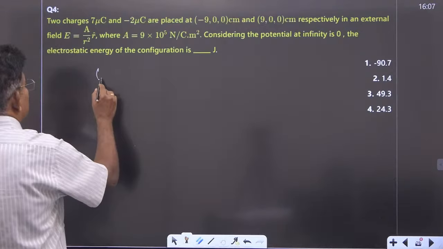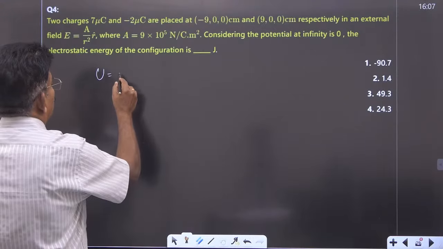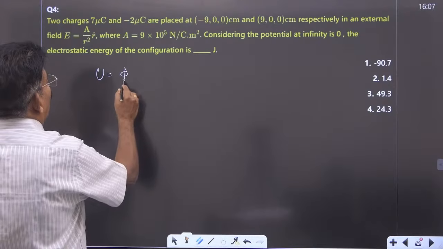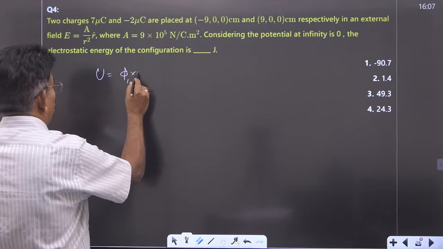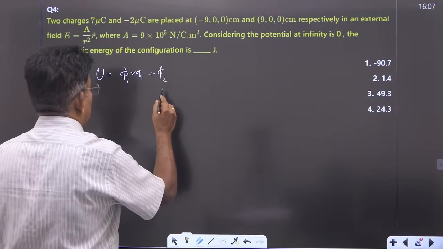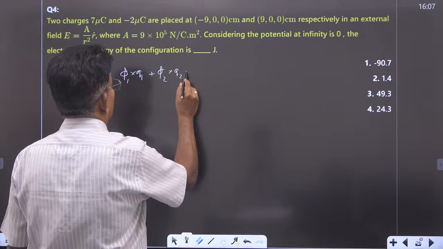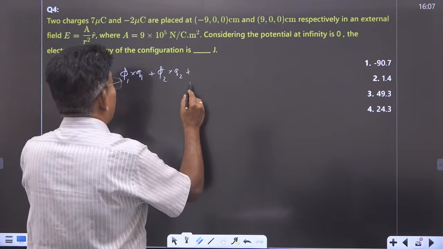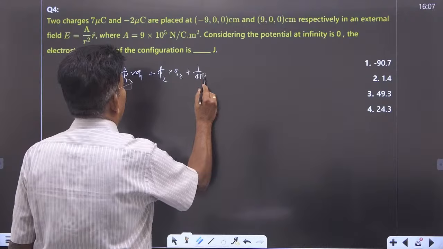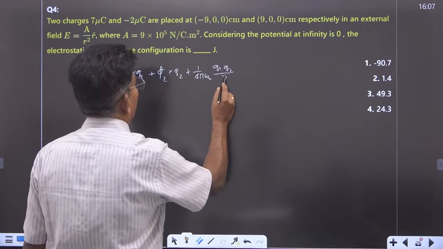Total potential energy is given by potential at the point R1 into charge, plus potential at position 2 into charge there, plus the self energy of the system of two charges. How much? 1 by 4 pi epsilon 0 Q1 Q2 by R.